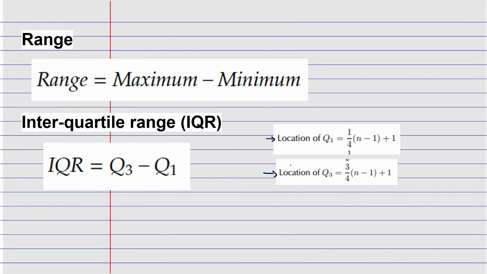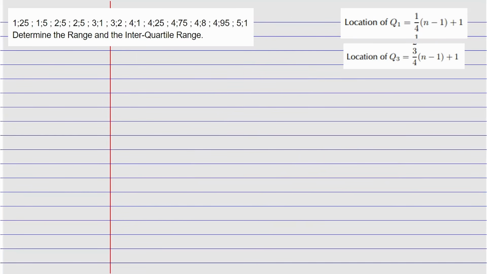So now let's do a question where we find our range and our interquartile range. The first one says determine the range. Remember that we need to arrange our data from smallest to biggest, so let's check whether it's arranged already.